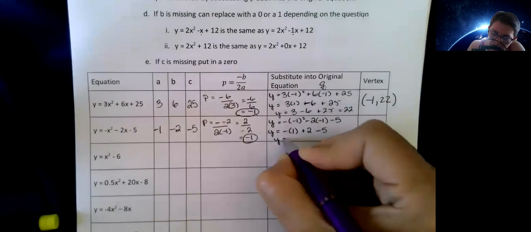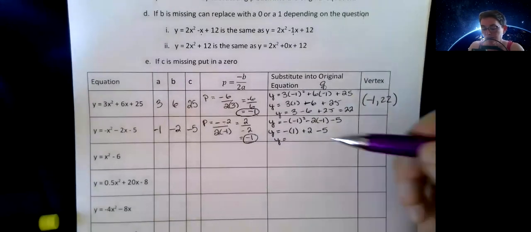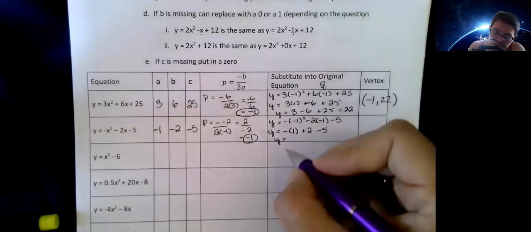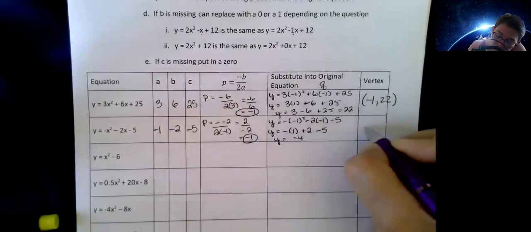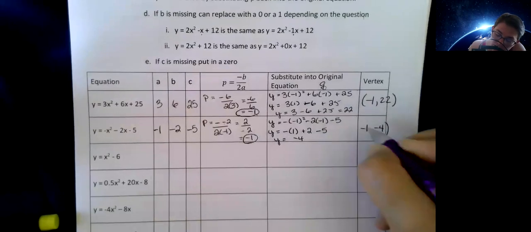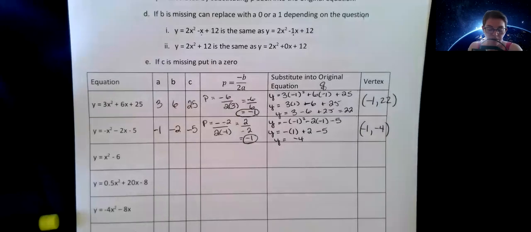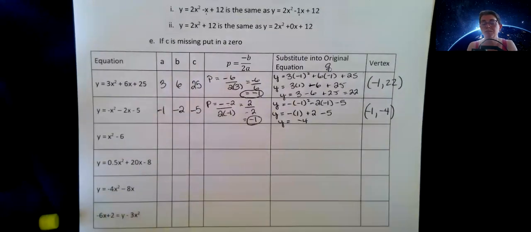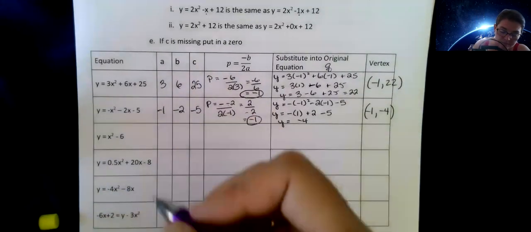So y is minus 1 plus 2, which is plus 1. Minus 5 is minus 4. So the vertex is minus 1, minus 4. And there we go. Got it? Not so bad. It's just a matter of getting used to substituting when something is missing.